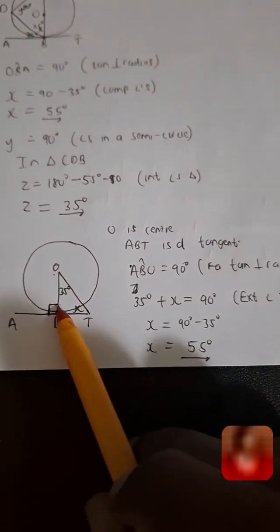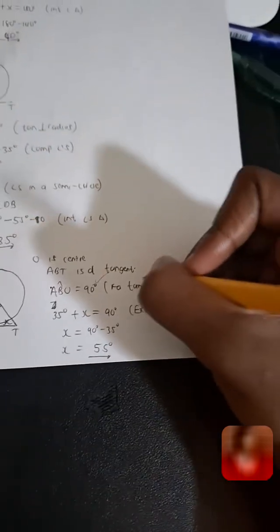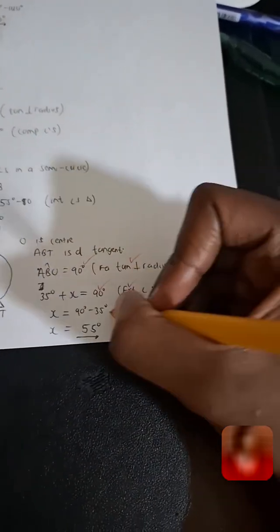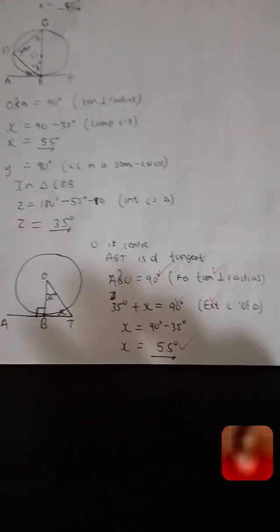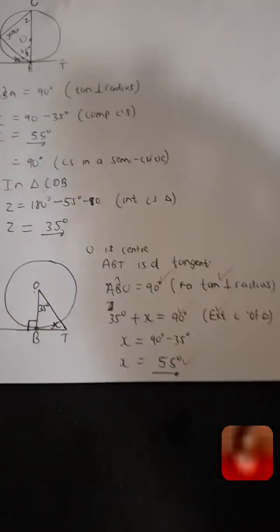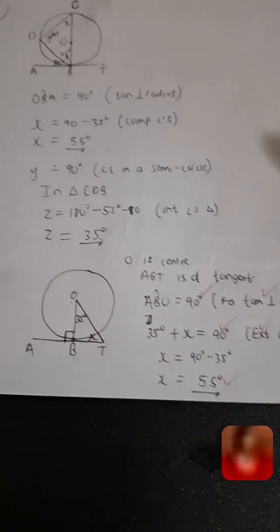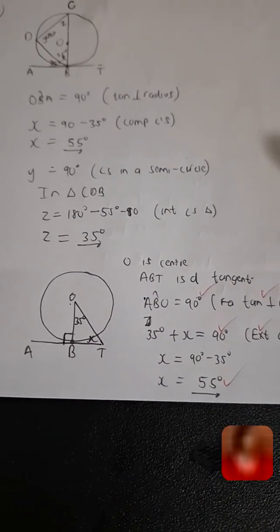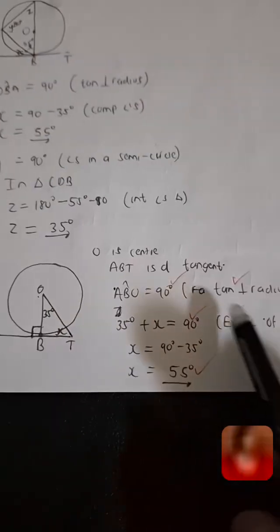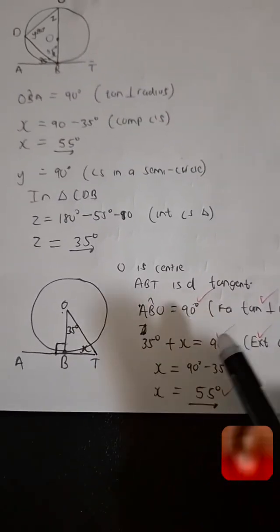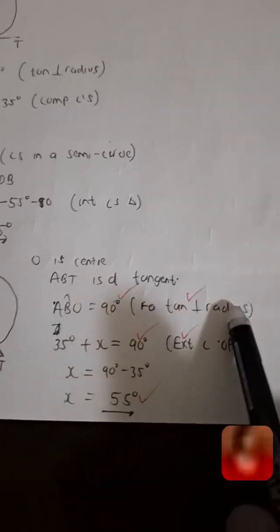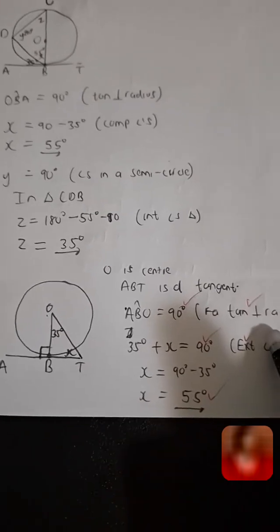That's beautiful, Mankosi. Even more beautiful, because you were just doing your own thing. Until OBT is 99. The same reason: tangent perpendicular to radius.